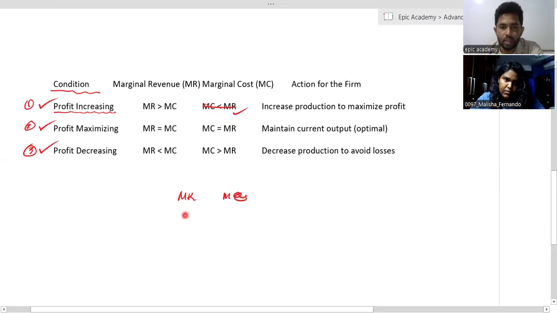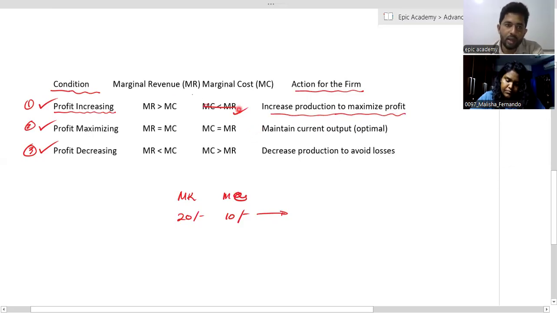If you produce an additional unit, you can earn 20 rupees, but the additional production costs only 10 rupees. You can see your profit is increasing. So what action can firms take? Increase the production to maximize profit. This is the decision, because at that point you have not reached the optimum position.